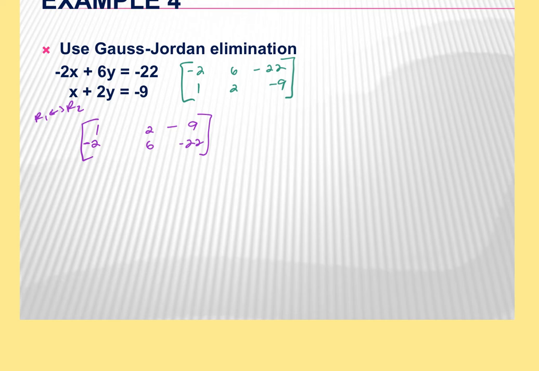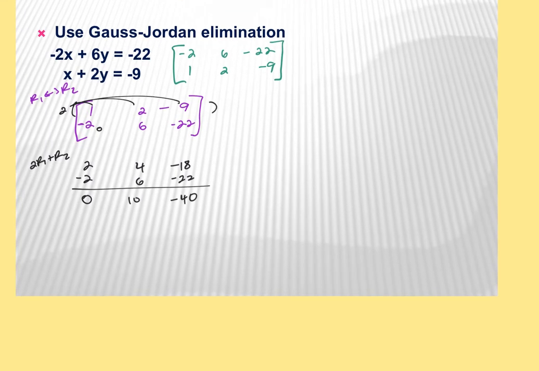Multiply the top by 2. Good. 2 row 1 plus row 2 because I want to get the 0 here. So 2 times 1, 2 times 2, 2 times -9, plus -2, 6, -22: 0, 10, -40, replacing row 2. So 1, 2, -9, 0, 10, -40.